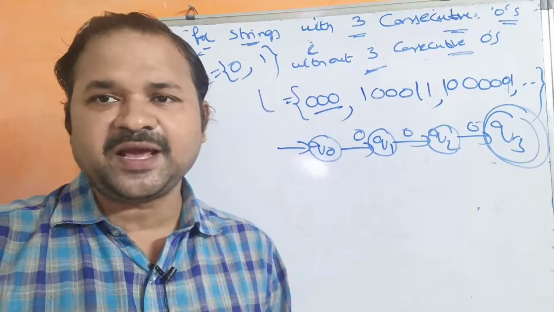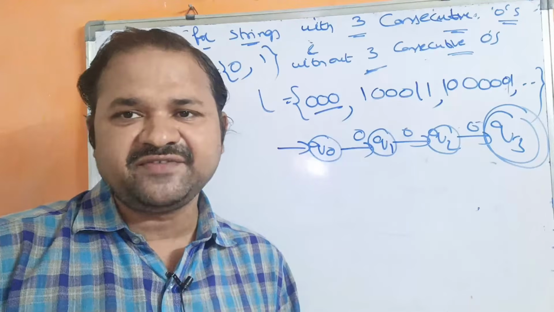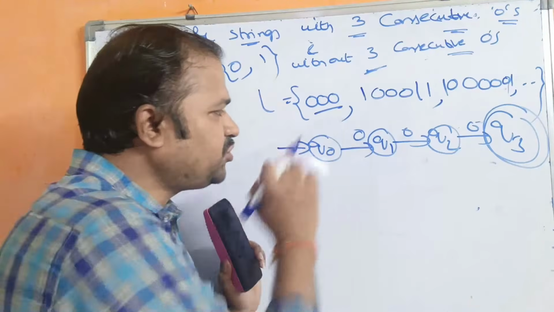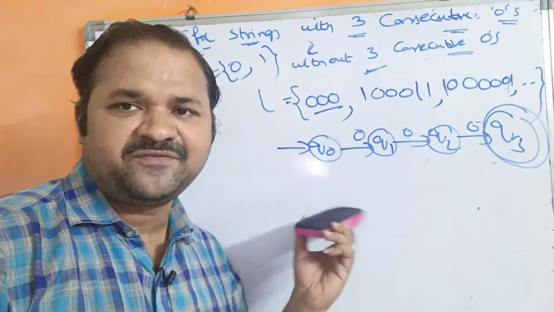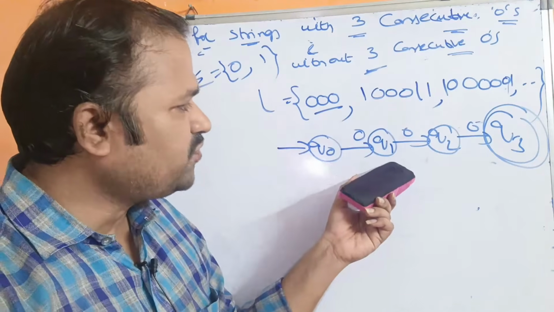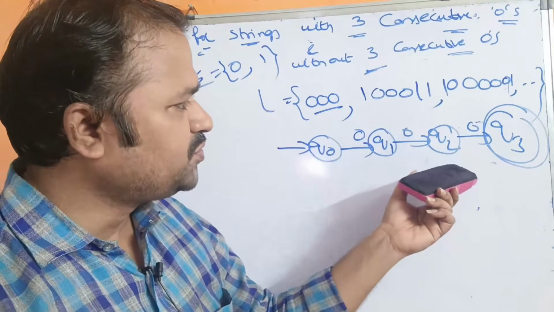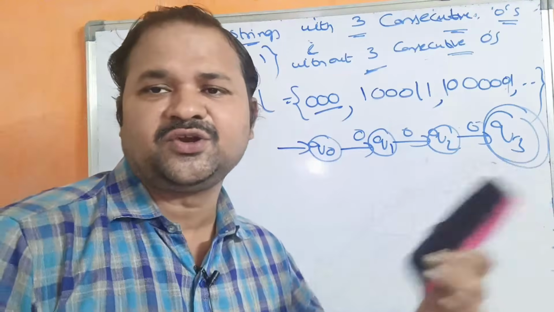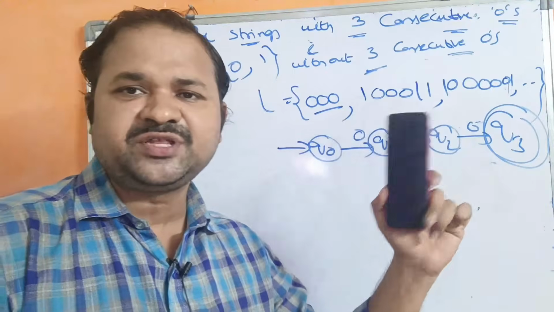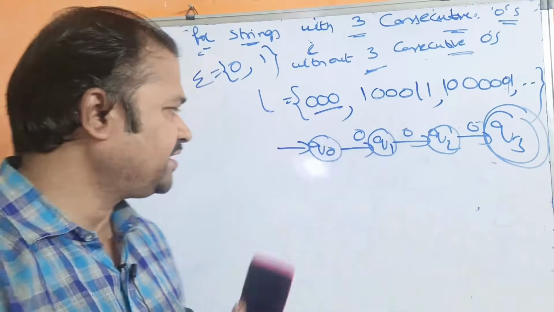So we need to apply 0 and 1 on each and every state. On Q0, 0 is applied, so we have to apply 1 on Q0. On Q1 also 0 is applied, so we have to apply 1 on Q1, and 1 on Q2. And on Q3, no symbol is applied, so on Q3 we have to apply both 0 and 1.